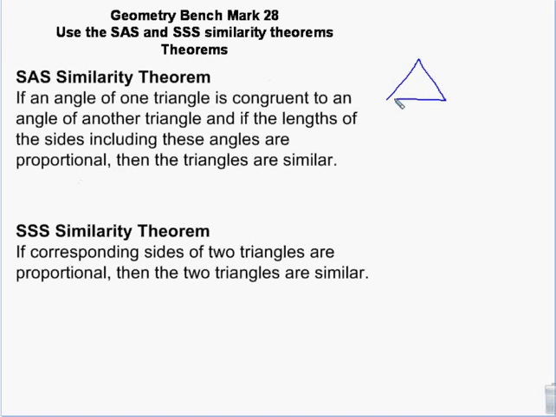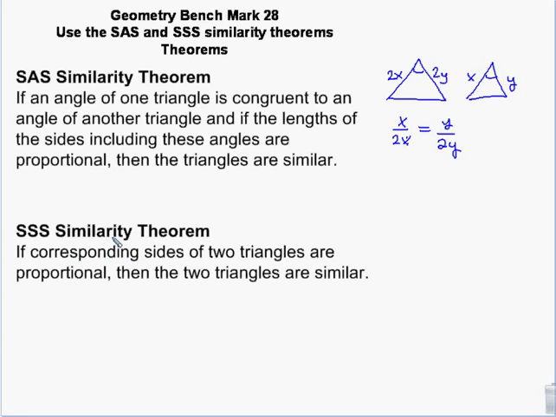So if I have two triangles, and this angle is the same, and let's say this is x, and this would be 2x, and this would be y, and this would be 2y. When I make a proportion, they're equal. So as long as we get proportional sides with a congruent angle in between them, then the triangles are similar.